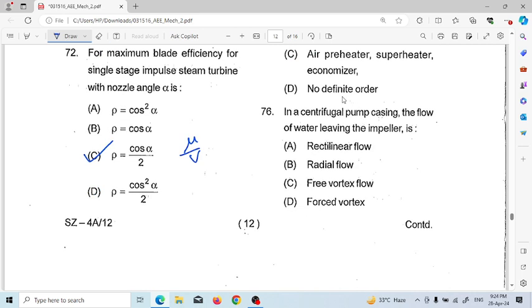Next question number 76. In a centrifugal pump casing, the flow of water leaving the impeller is. So in the centrifugal pump, the inlet is axial and exit is radial. So the answer will be option B, radial flow. The question is asking about the water leaving the impeller, so radial flow.